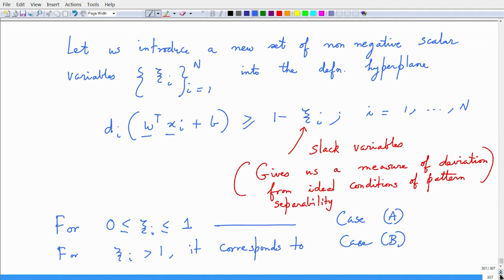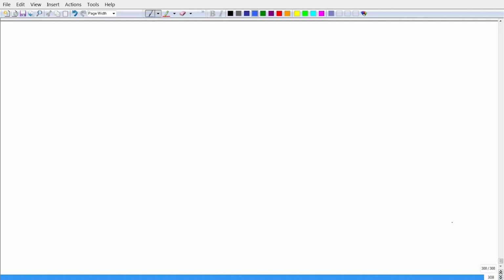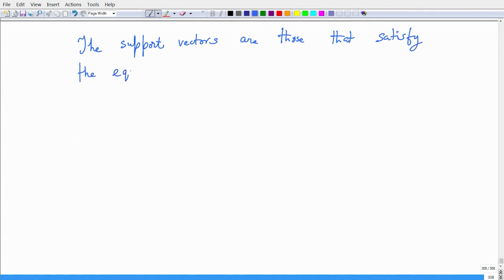Now, you may also wonder where the support vectors lie. The support vectors are those that satisfy the equality precisely, whatever be that zeta_i, even if zeta_i is greater than 0.